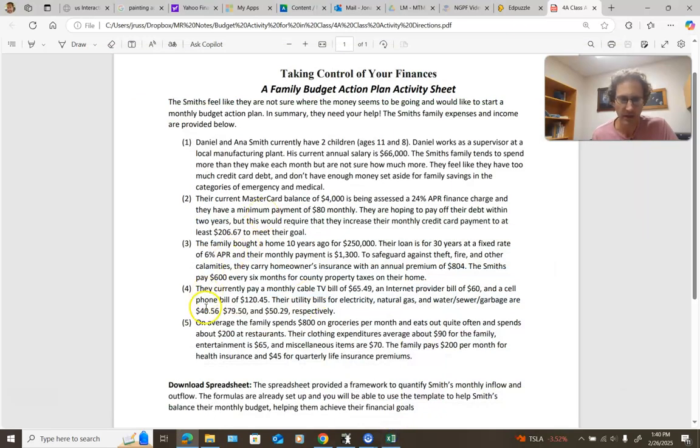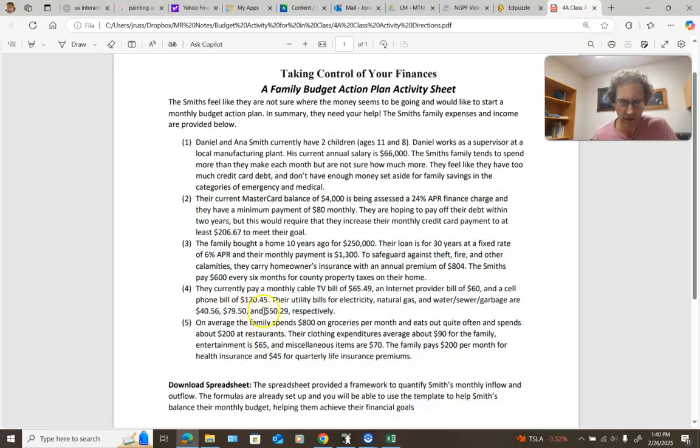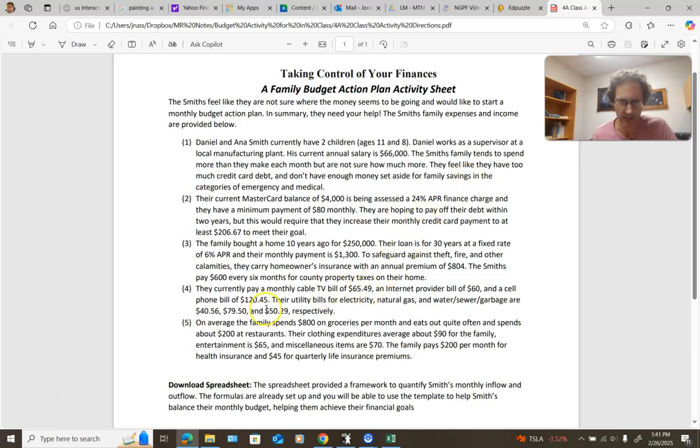Okay. All right, the utilities, these go in order. So the electricity is $40.56. And then the natural gas is $79.50. Okay. And then let's see, lastly, the water, sewage, and garbage expense is $50.29.